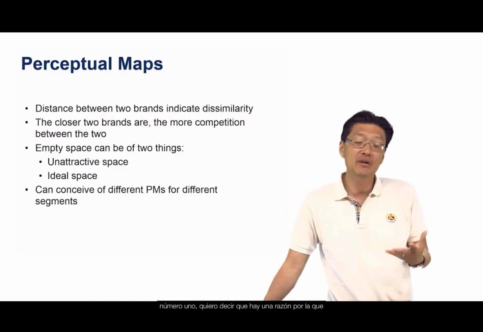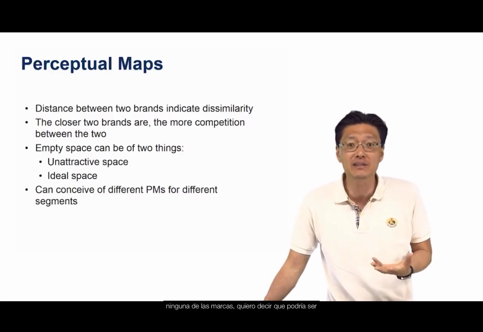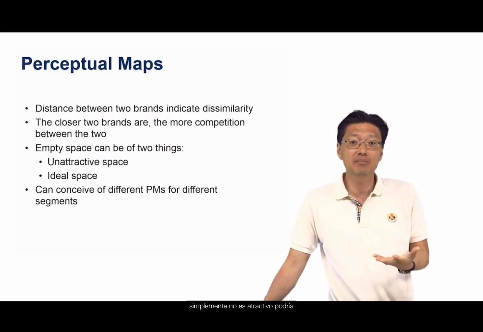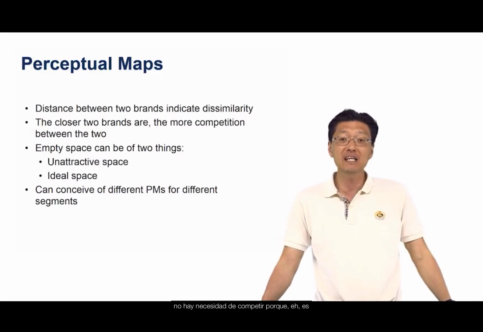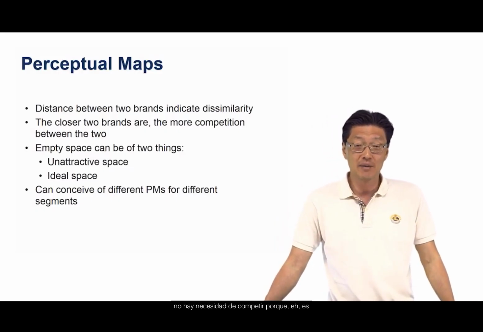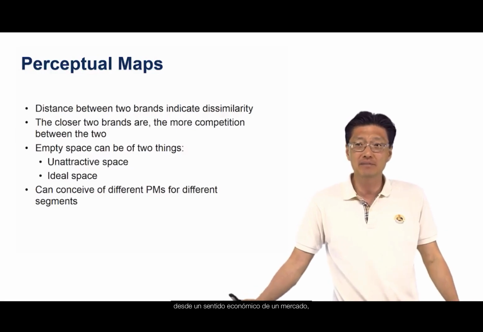Number one, there's a reason why there may be an empty space that's not occupied by any of the brands. It could be simply that it's unattractive. It could be a space where there's no need to compete because it's very unattractive from an economic, market, or competitive advantage perspective.